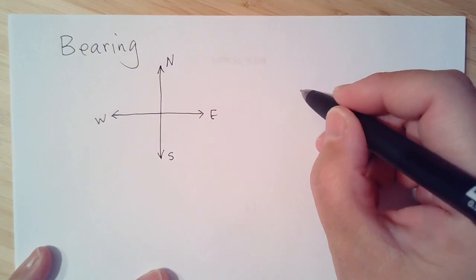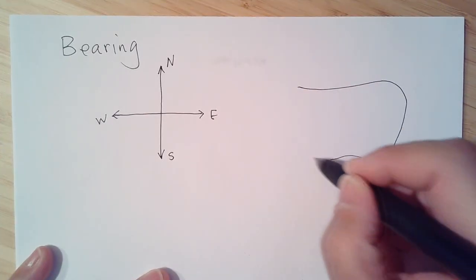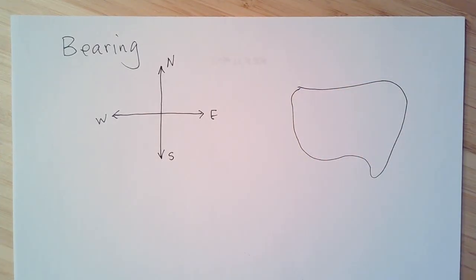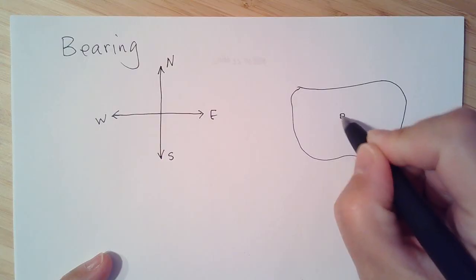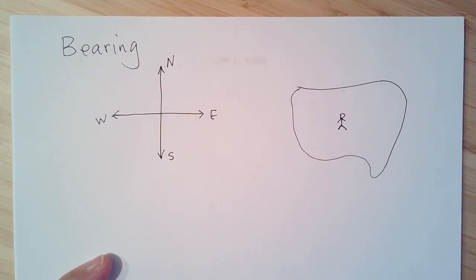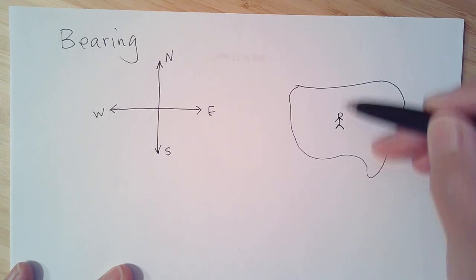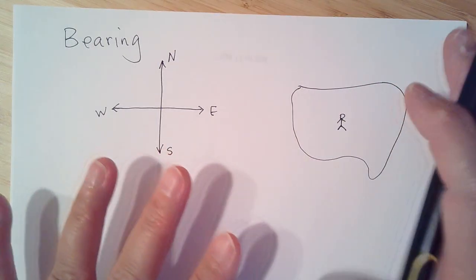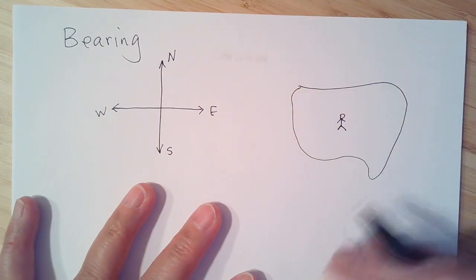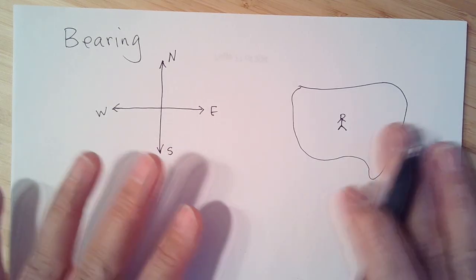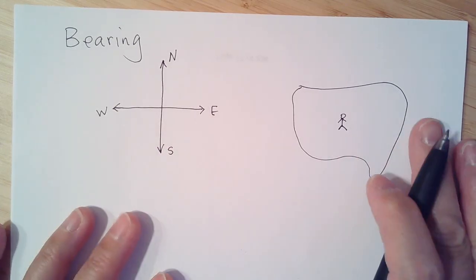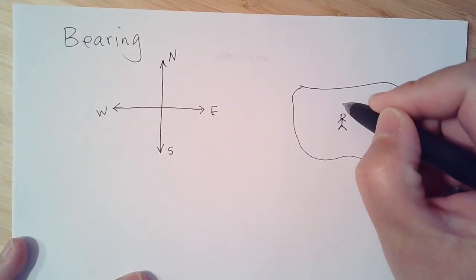Think about it if you're in the United States, I'm just roughly drawing that, and you are a person standing right in the middle. Which direction is your north? It's up, right? When you read the map, of course, you show up or down, but it's on a flat surface. So this is north.